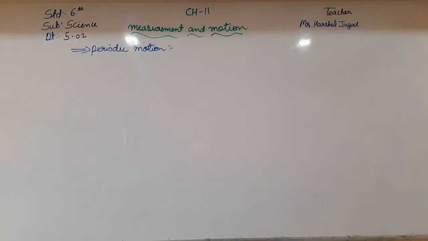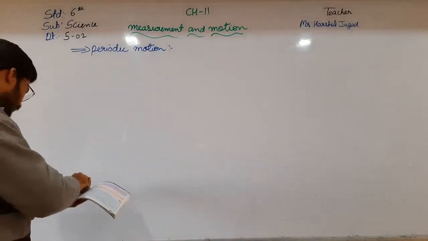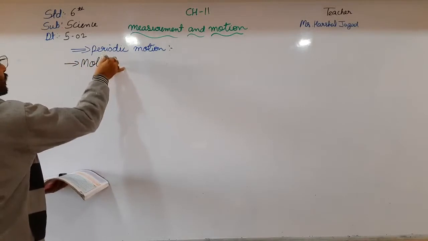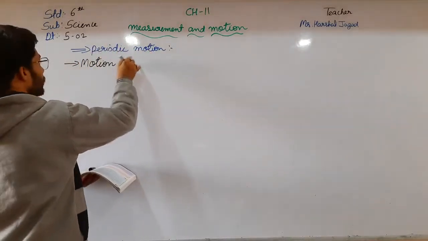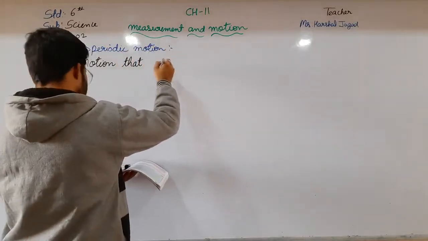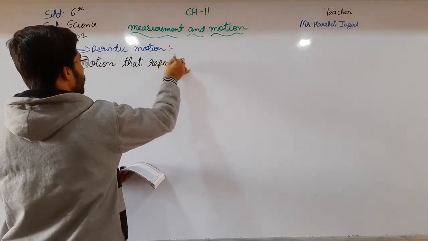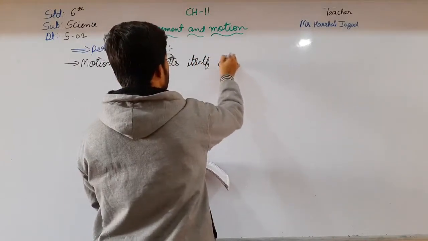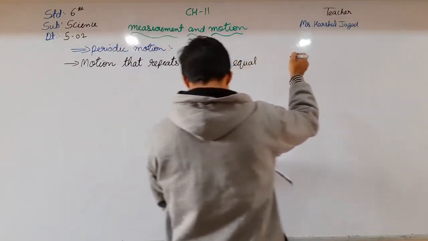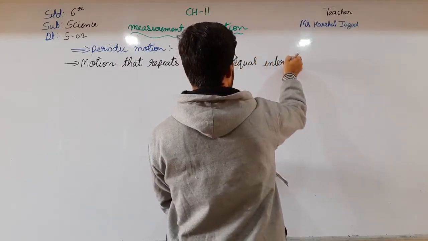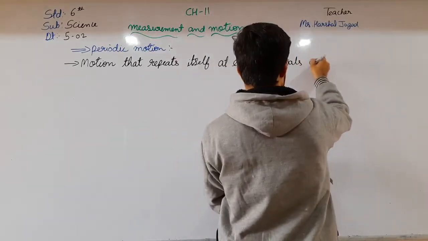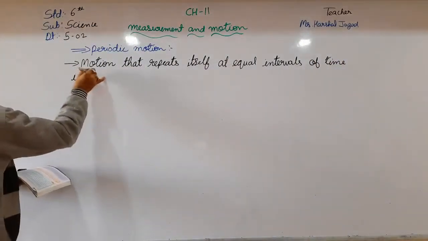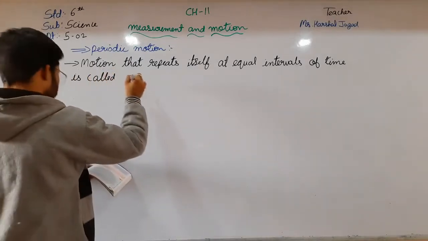Here a definition is given: motion that repeats itself at equal intervals of time is called periodic motion.